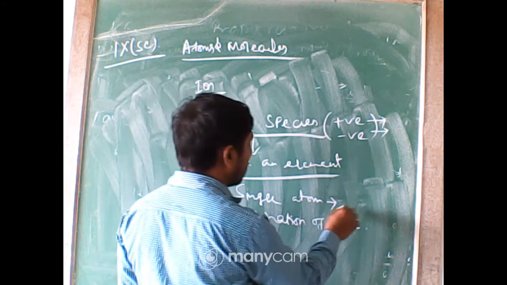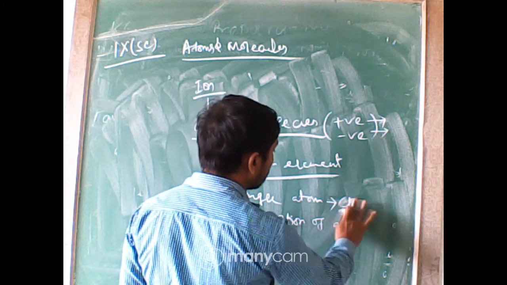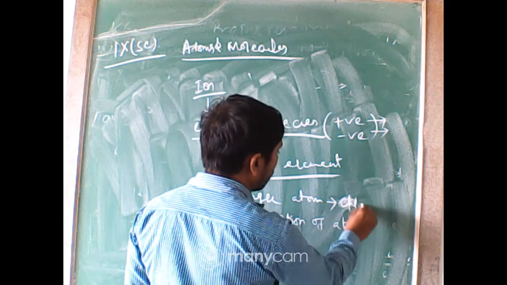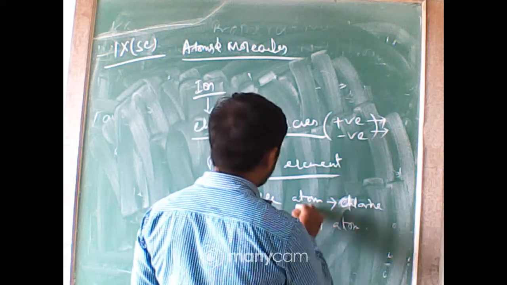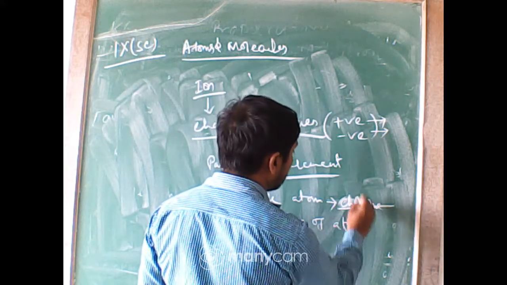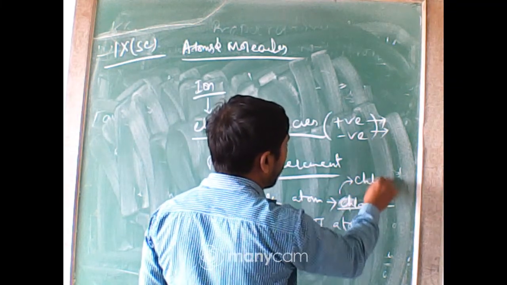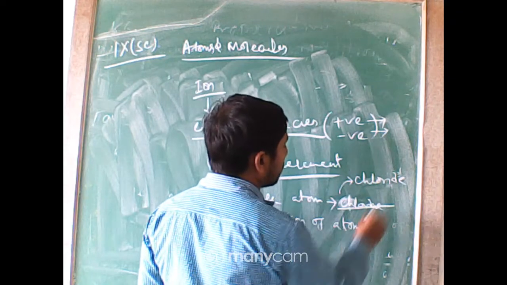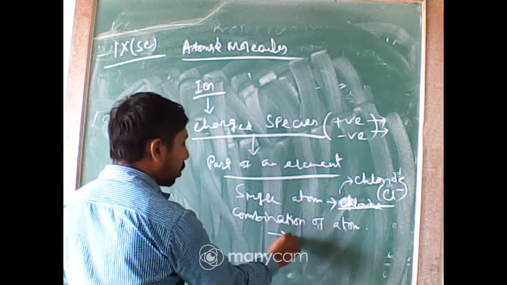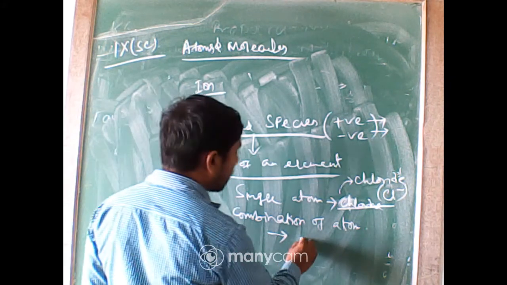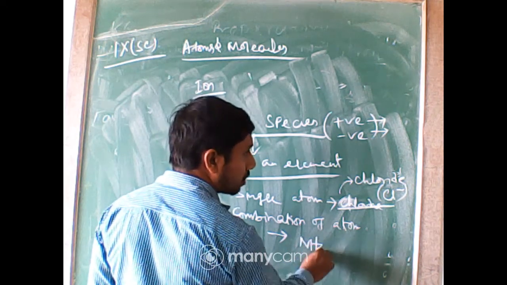A single atom, that is Cl, chlorine, when it is represented in the anionic form, it is called chloride, and the symbol is Cl minus. A combination of atoms, one example is NH4 plus.